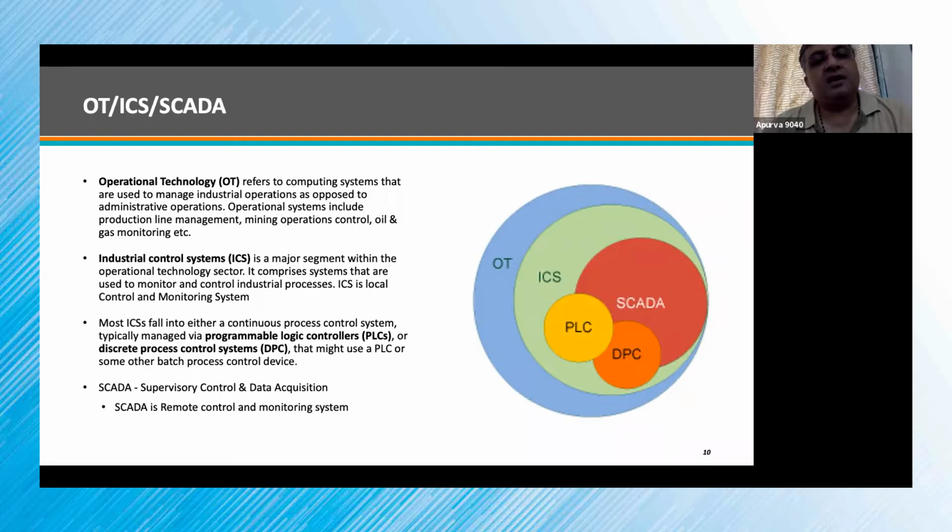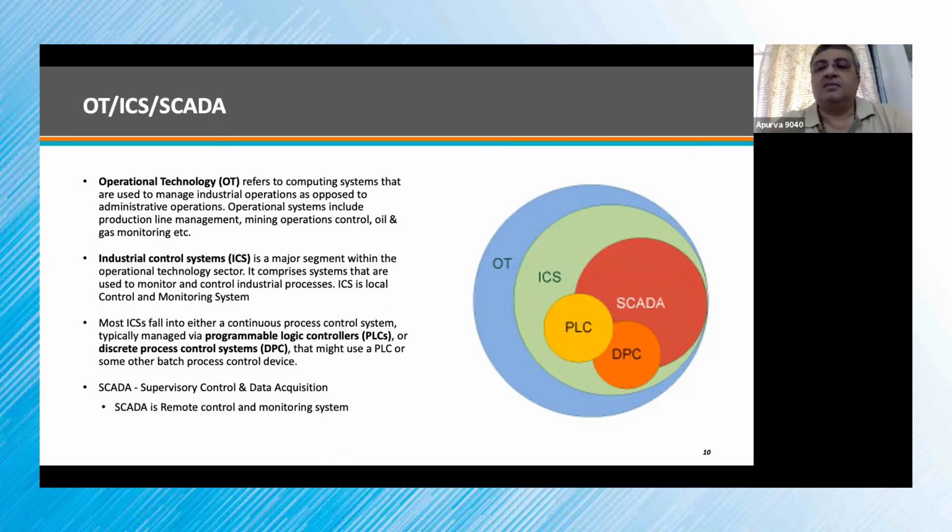Within that, you have the industrial control system, and then you have your PLCs, discrete process control systems, and the SCADA system. So if you want to control your Industry 4.0, this is how IT and OT relate and eventually get you to Industry 4.0.